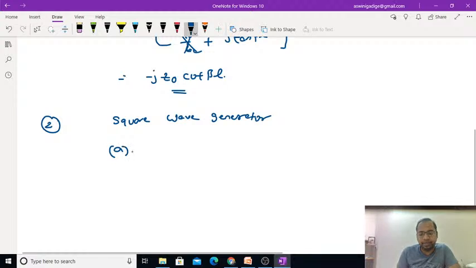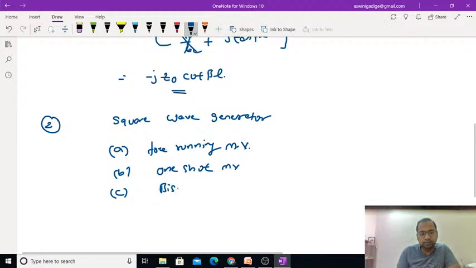Option A is the free running multivibrator, nothing but astable, and one shot multivibrator, and something like op amp with some feedback, and option D is Schmitt trigger.